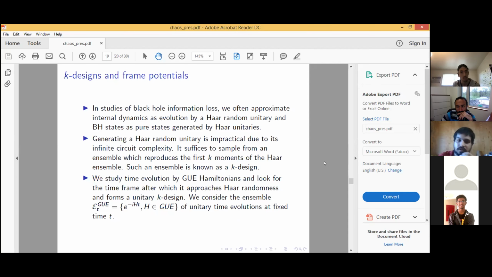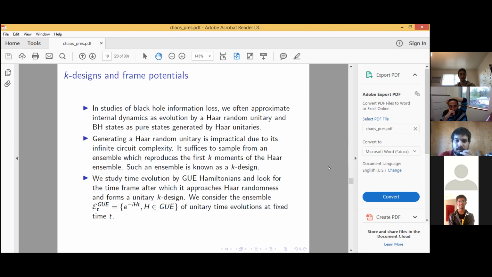So to study this phenomenon of when we can start using random matrix theory to study the physics of chaotic systems, we come to the concepts of K-designs and frame potentials, and in a later section we'll quantify it better using the concept of K-invariance. In black hole physics, the internal dynamics are often modeled as evolution by Haar random unitaries, and the black hole states are often considered to be certain pure states generated by Haar unitaries.